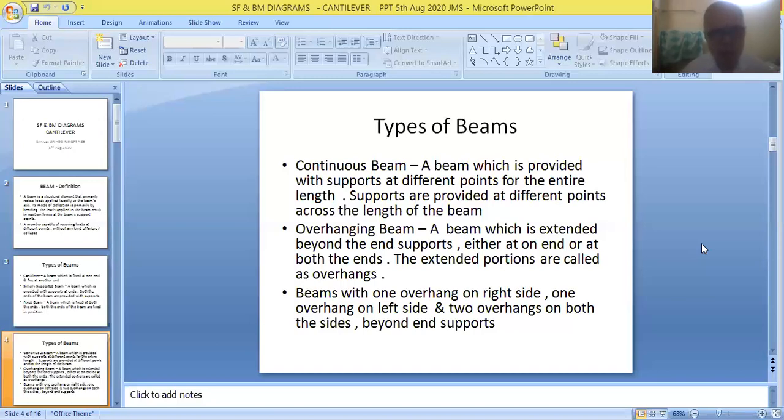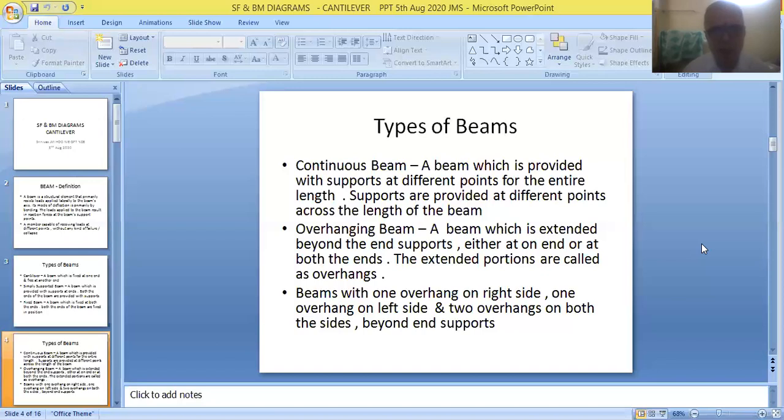Beams with one overhang on right side and beams with one overhang on left side. And also we have beams with two overhangs on both the sides beyond end supports. So therefore, overhanging beams are again subclassified into three categories.